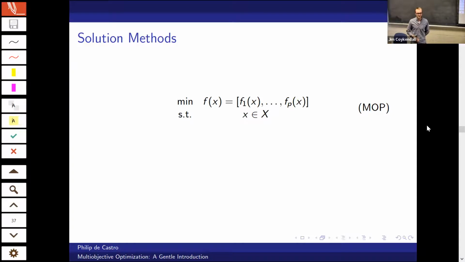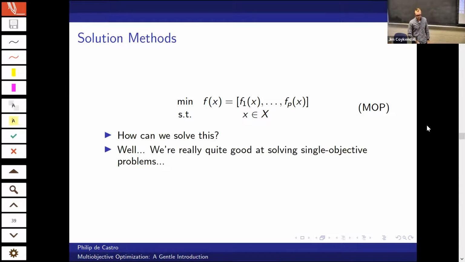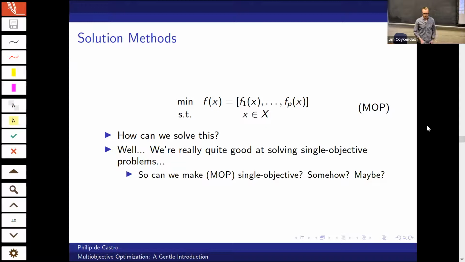Exactly. So one idea that we have is, rather than trying to handle all of these functions at the same time, to turn them all into one function, because we're really good at solving single objective problems. There's no shortage of theory and methods for doing that. So there might be some ideas here.